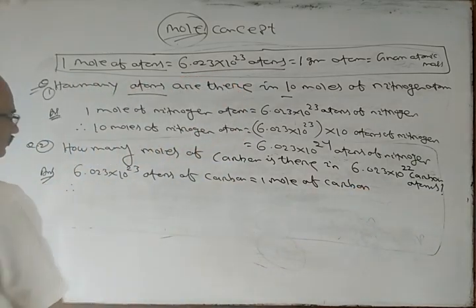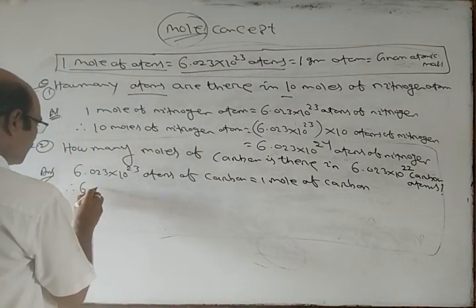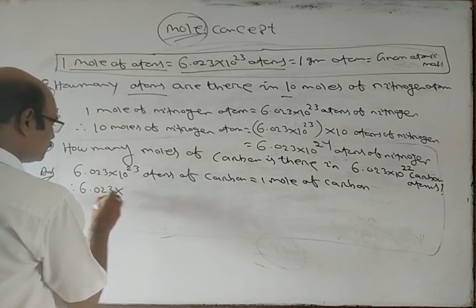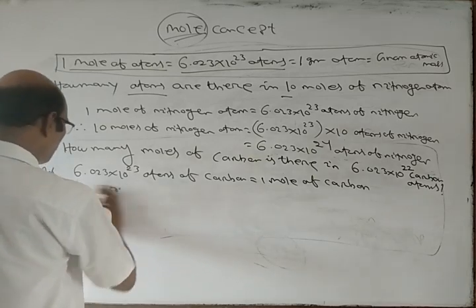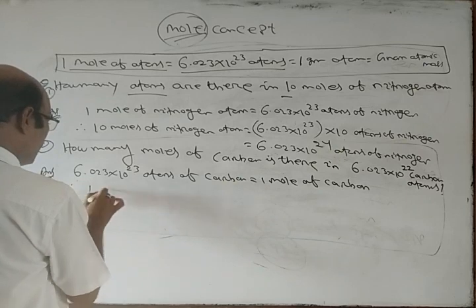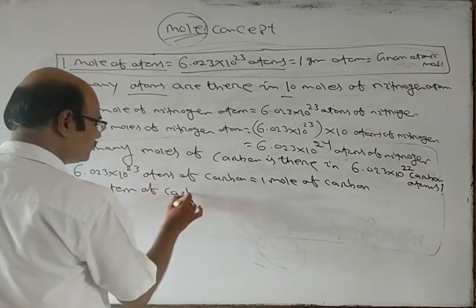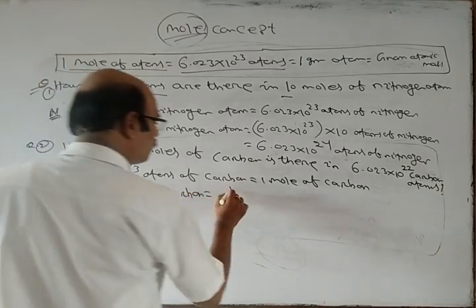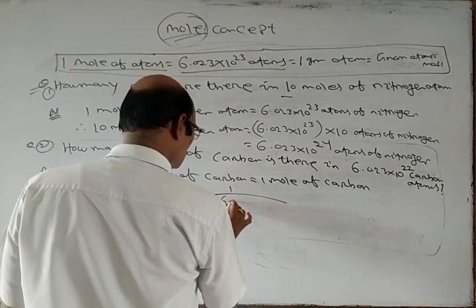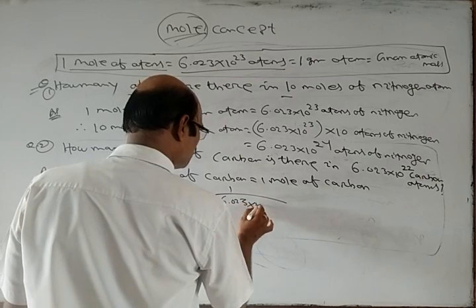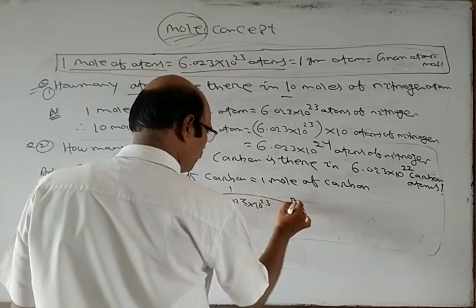Therefore 1 atom of carbon equals 1 by 6.023 into 10^23 mole of carbon.